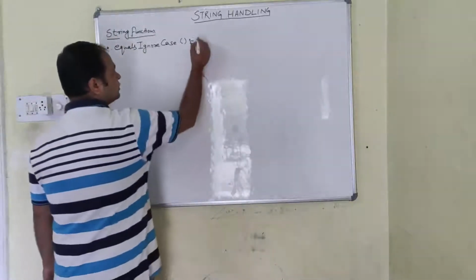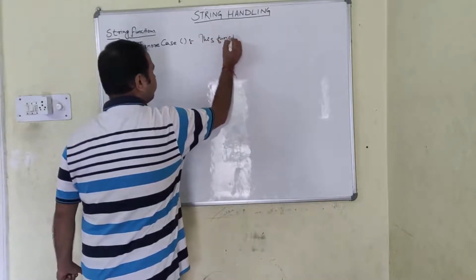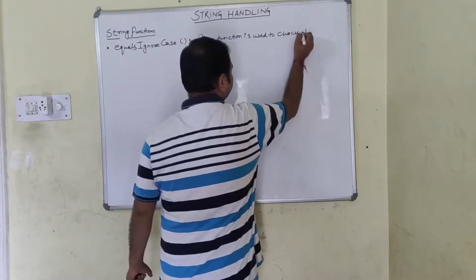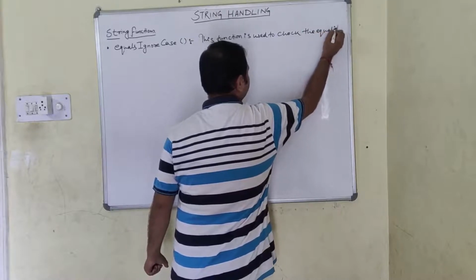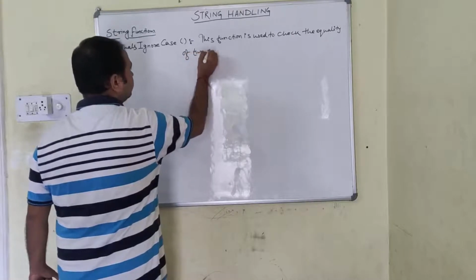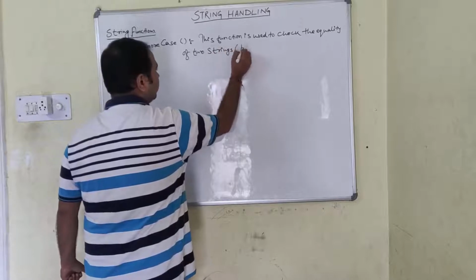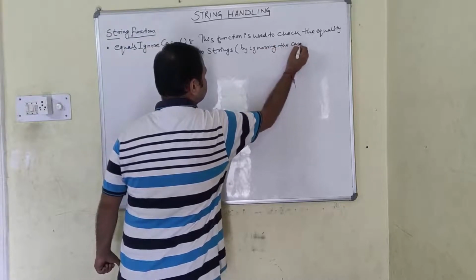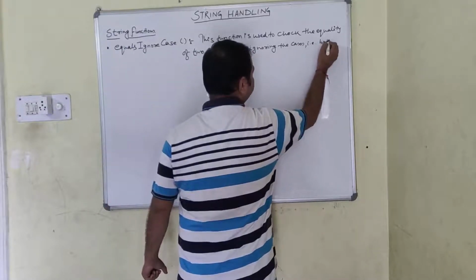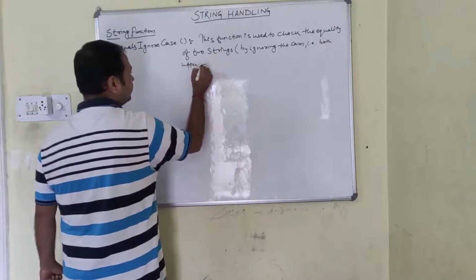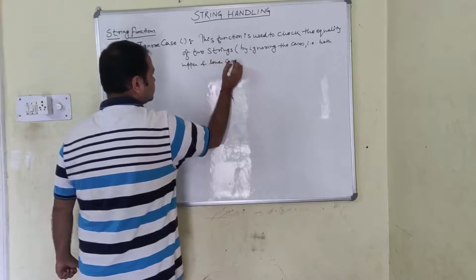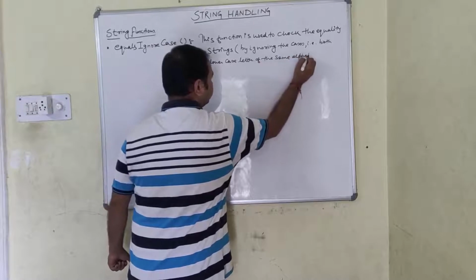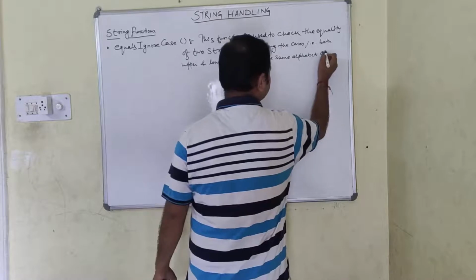Okay, so this function is used to check the equality of two strings by ignoring the cases, that is, both upper and lower case letters of the same alphabet are treated as the same.